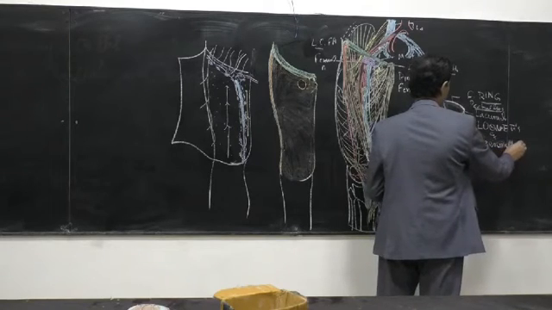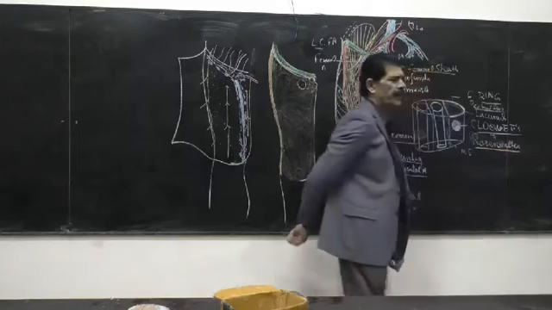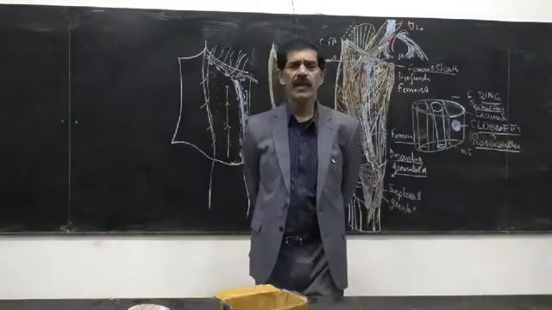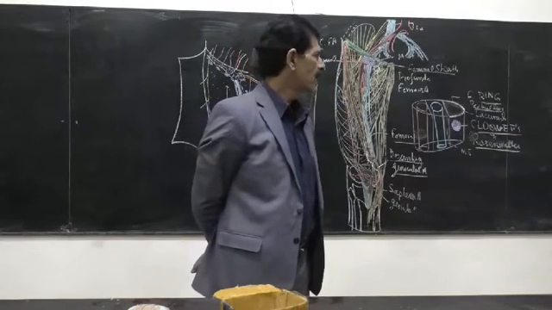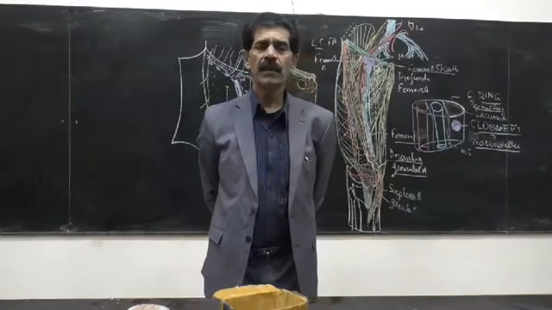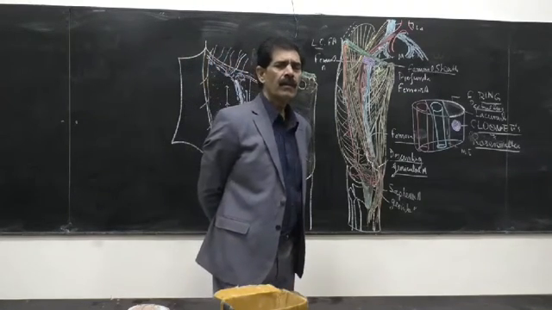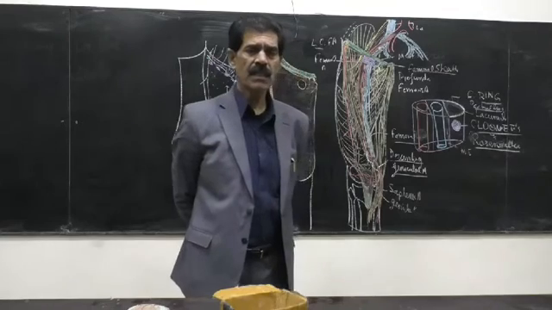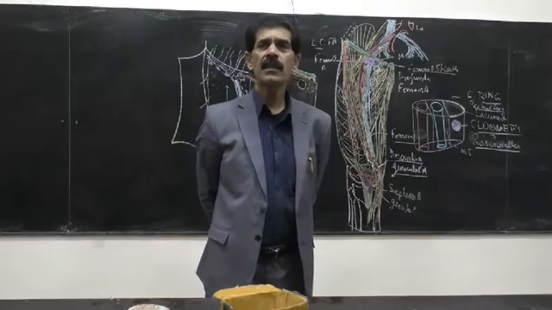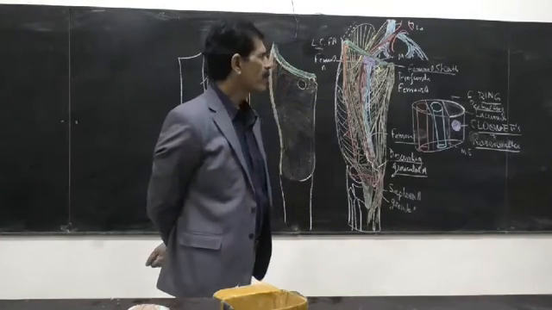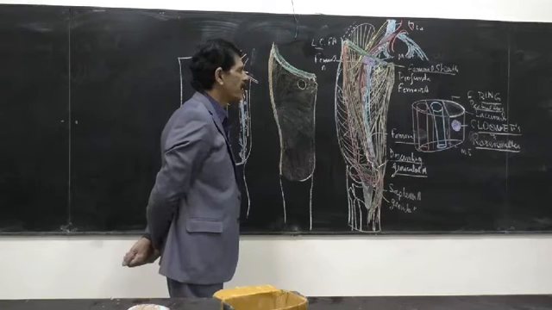So a single deep inguinal lymph node is present in the femoral canal as its content. And this deep inguinal lymph node drains the glans penis in the male and the tip of the clitoris in the female. So this is the area drained by the Cloquet lymph node.